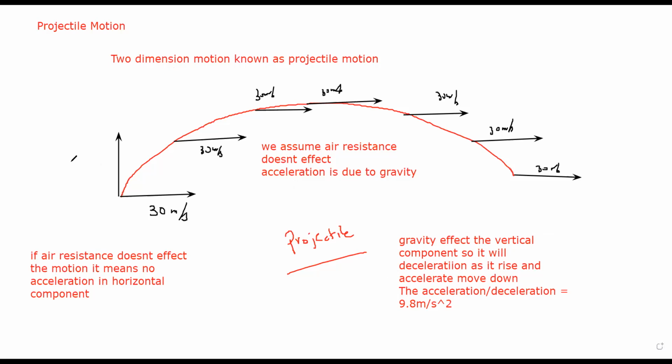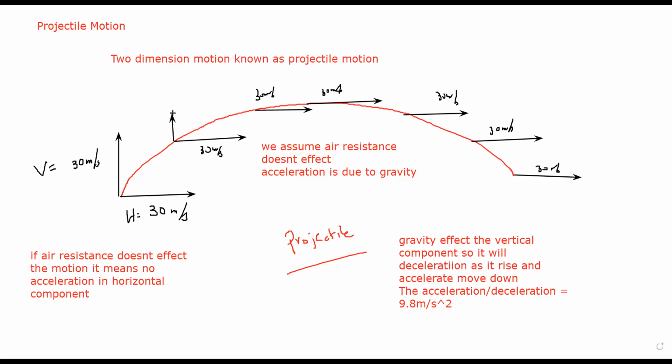For example, the vertical velocity was also 30 in the beginning, and this was the horizontal. Horizontal remains the same. Vertical velocity, what happened? As it goes up, it will decelerate, which means the speed will decrease.